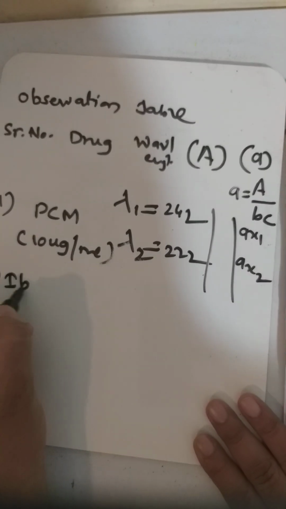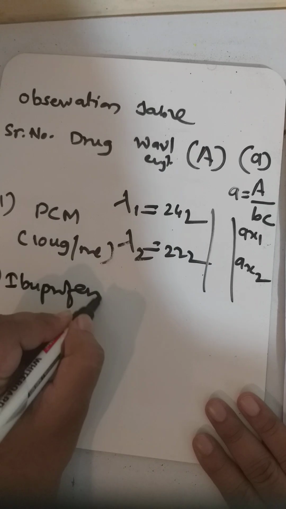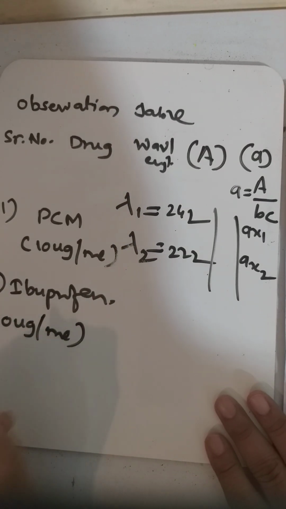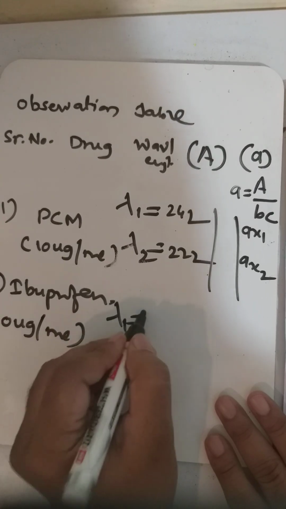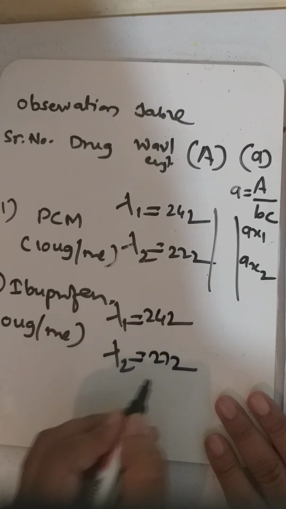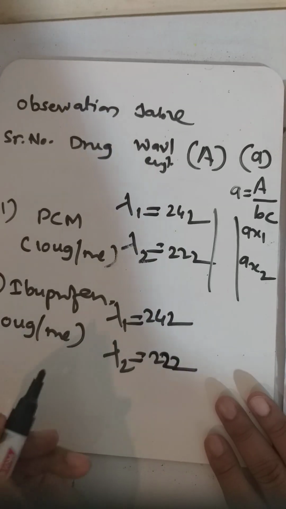Similarly for ibuprofen, you will take 10 microgram per ml of the solution. You will use the scanning wavelengths 242 nm for lambda 1 and 222 nm for lambda 2.